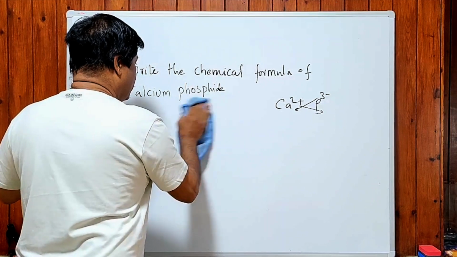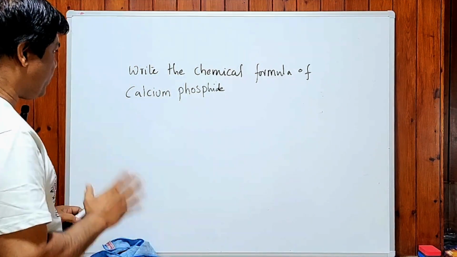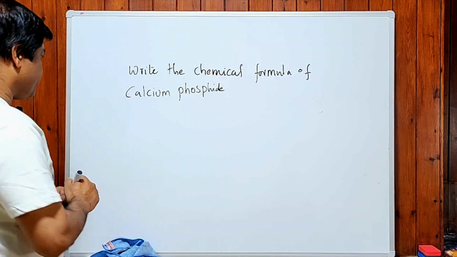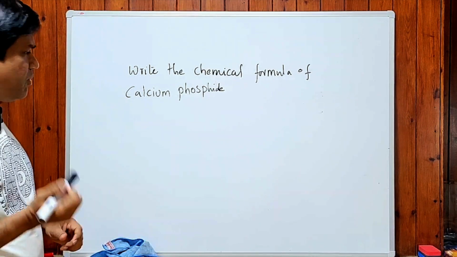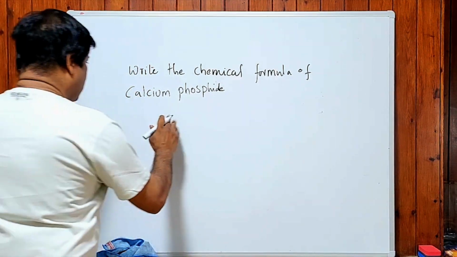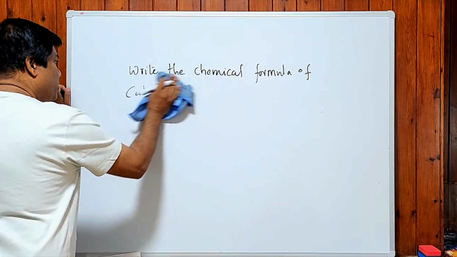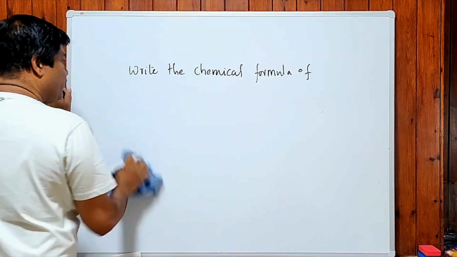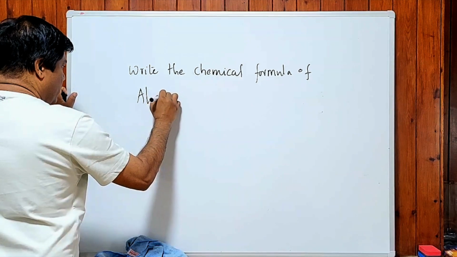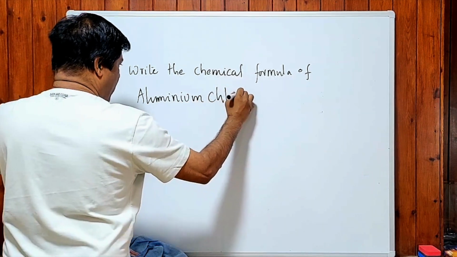Let's write the chemical formula of an ionic compound formed between group 3 metals and group 7 non-metals. What was your choice? Aluminium? Can I take aluminium? We have aluminium chloride. Write the chemical formula of aluminium chloride.